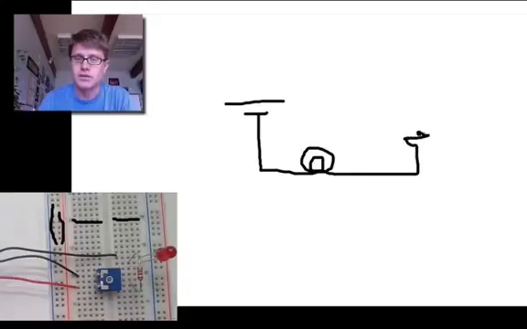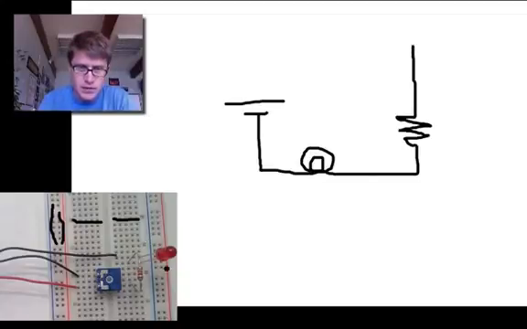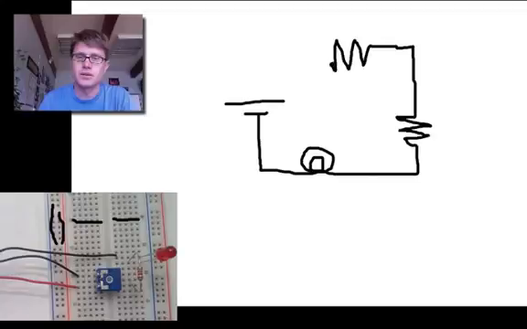So my resistor is going to look like this, like that. And then it looks like the next thing we have is a potentiometer. And so if I go like that, it's going to be a variable resistor. And then we've got the other side with the arrow, and then it's going to connect back to my battery.